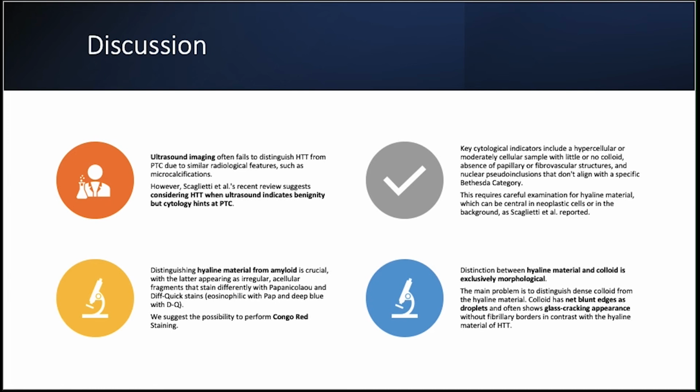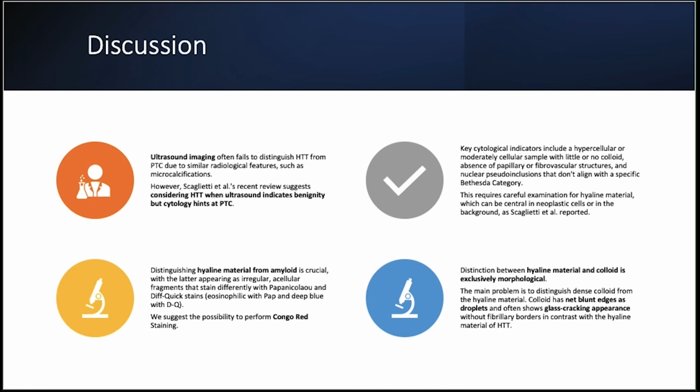Key cytological indicators include a hypercellular or moderately cellular sample with little or no colloid, absence of papillary or fibrovascular structure, and nuclear pseudo-inclusions that don't align with a specific Bethesda category.